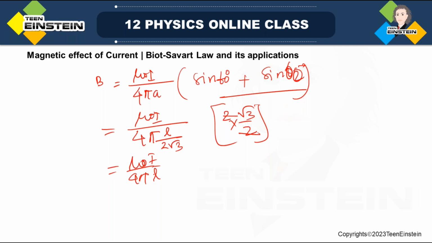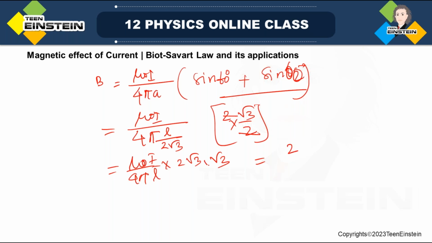So mu 0 I by 4 pi L, this will go to 2 root 3 into 2 root 3, and here actually root 3.